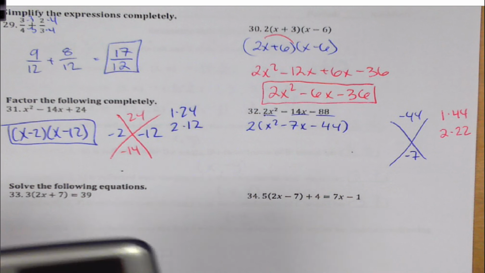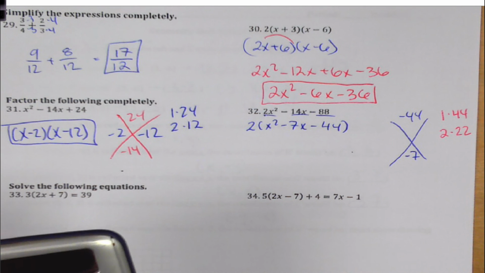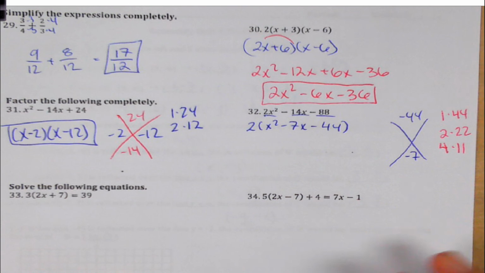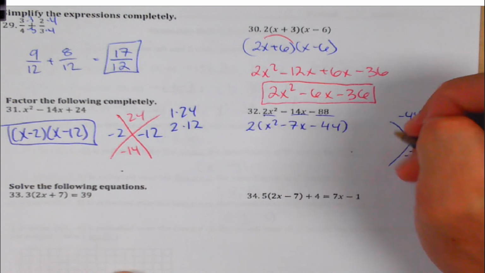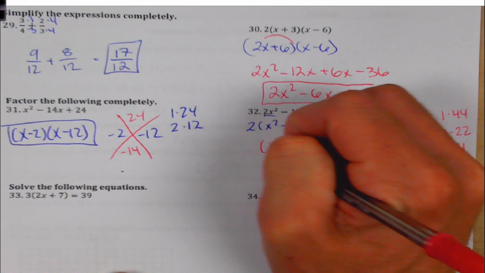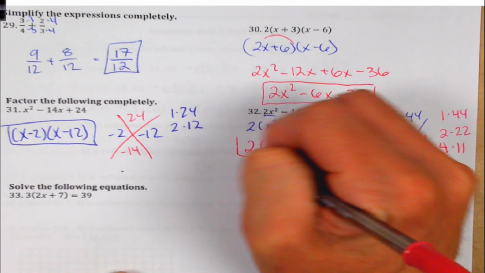I don't think 3 goes into it. Probably not, but let's see. I know 4 goes into it, 4 and 11. Ooh, and 4 and 11 would make 7. So we're going to do 4 and 11, and I'll have the 11 be negative to give me a negative 7. So we get x plus 4, x minus 11, 2 out in front.